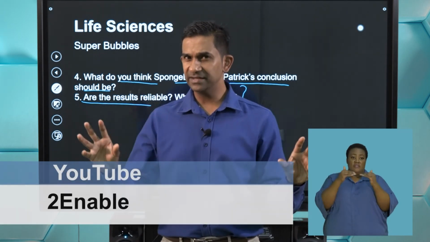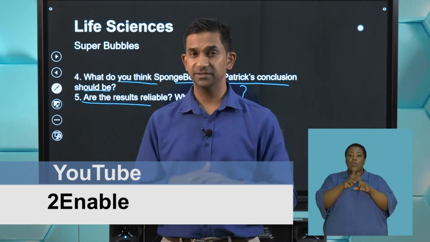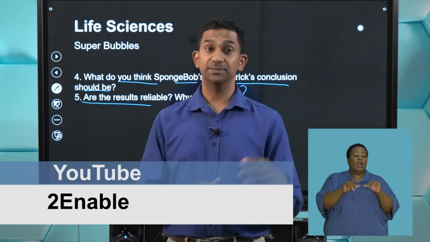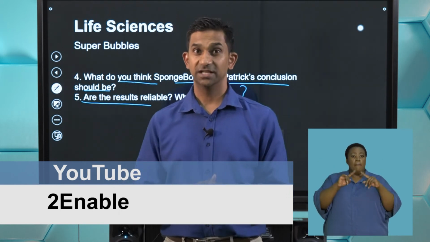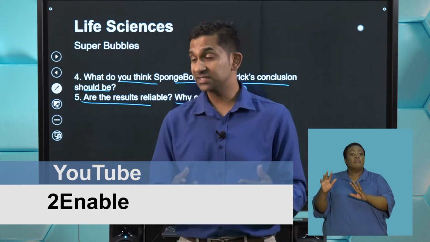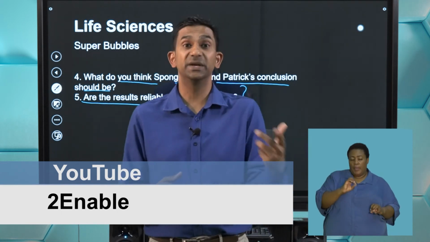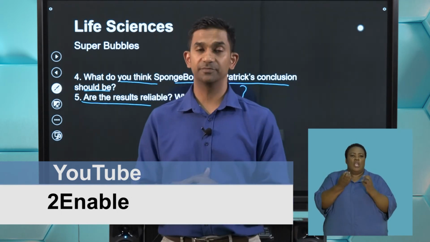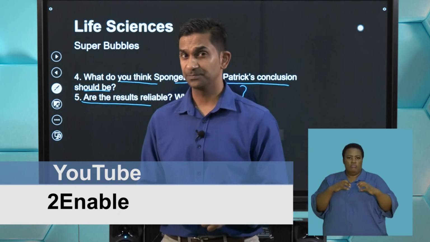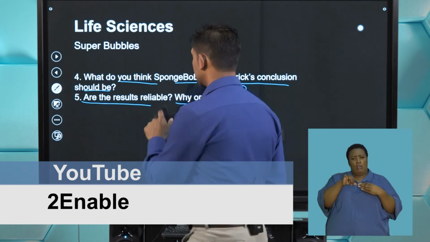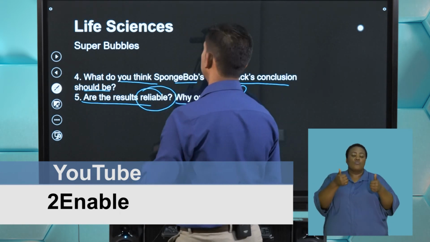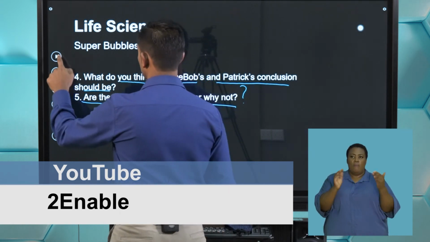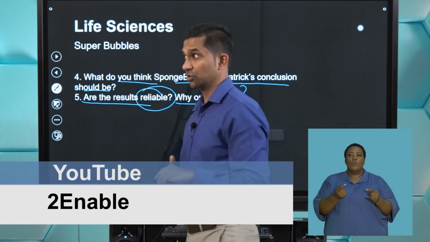So from a fairness and reliability, that was valid. They also measured 10 bubbles. So it wasn't a measure of comparing 2 bubbles or 1 from each. They've looked at an average. Yes, it might not be consistent, it might not be enough, but we can increase the number of bubbles to give you more reliable results. So for me, I think that these results are quite reliable in that they're producing significantly good results that we're able to compare and contrast and draw a conclusion.